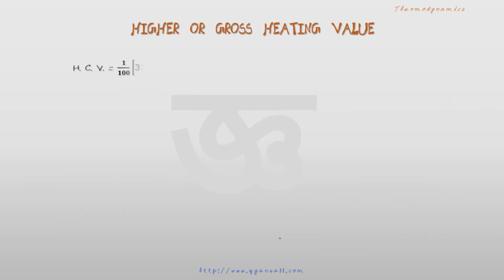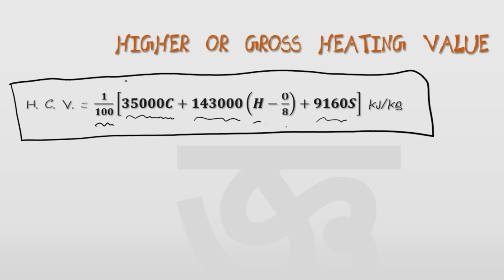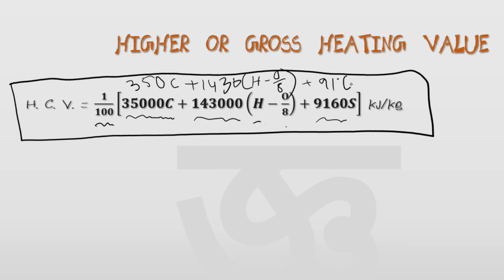Okay. Higher or gross calorific value: you have to remember this formula to calculate the higher calorific value or gross heating value. You simply write 338 C divided by 100 plus 1430 (H minus O by 8), where O means oxygen, plus 91.6 S. Now, what is C?